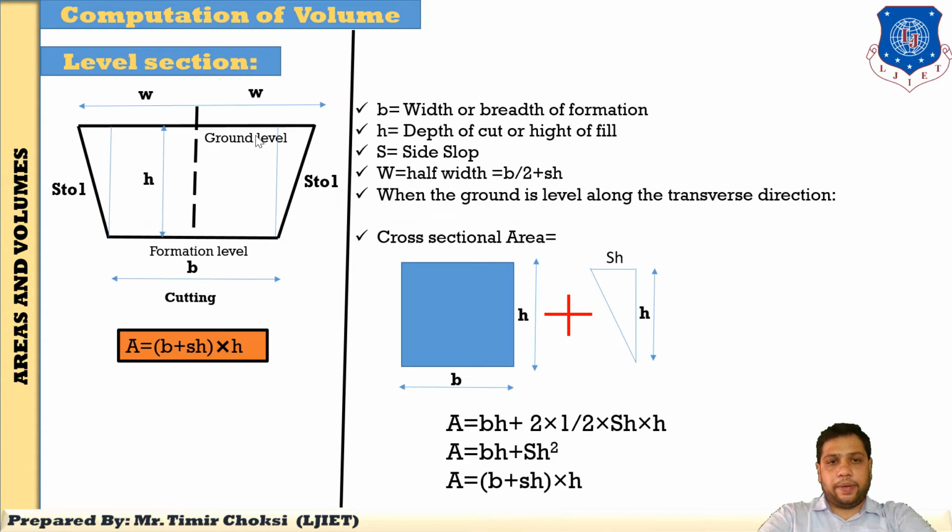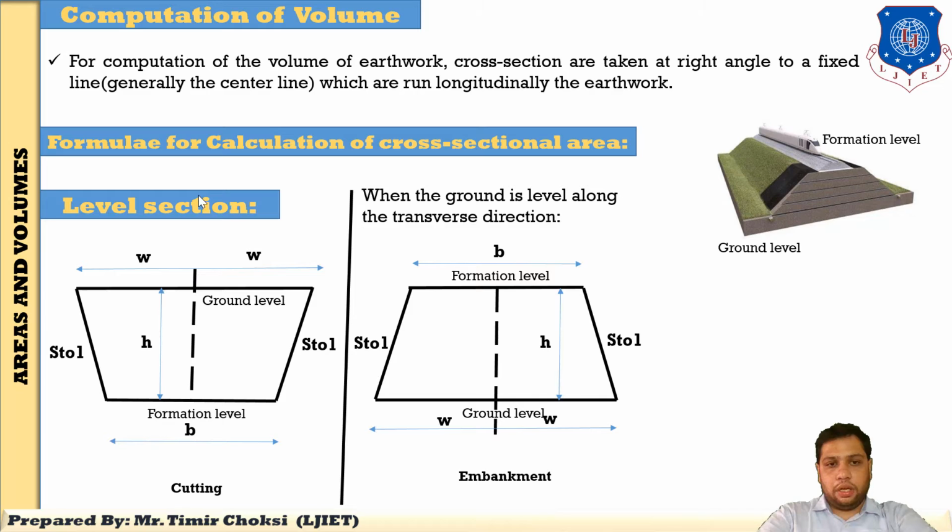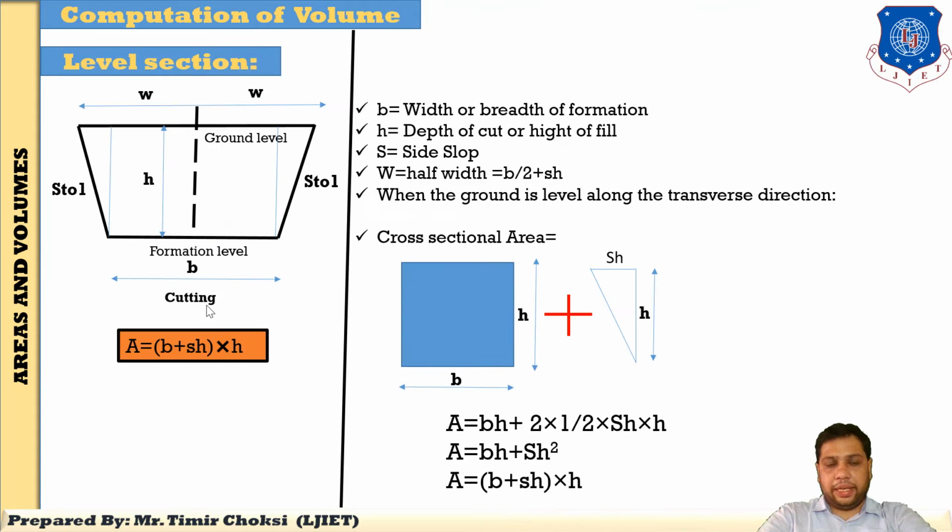I have explained in detail, describing all the elements. First, I have taken this portion. This portion is called a cutting, because here the formation level is below the ground level. Now, how do I find the area of this cross section? First, B means the width or breadth of the formation.